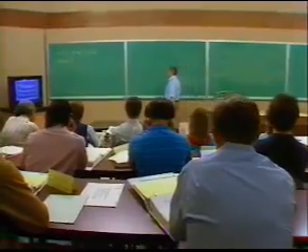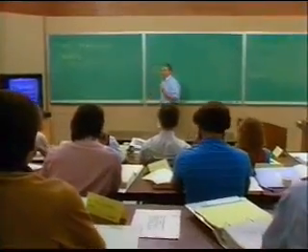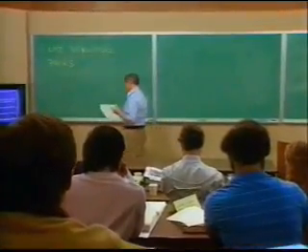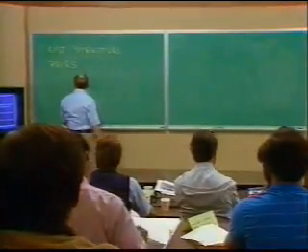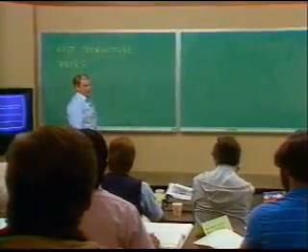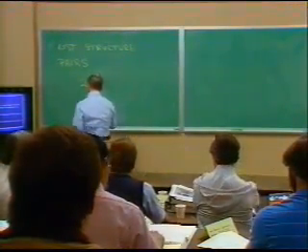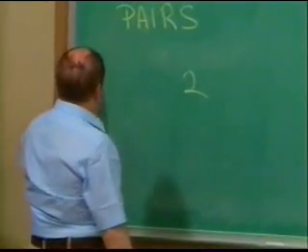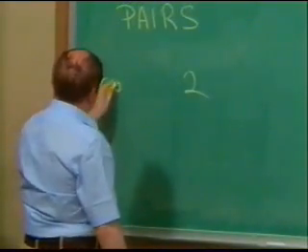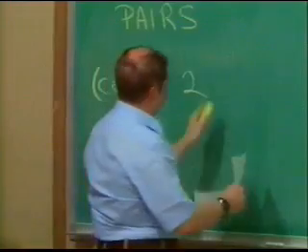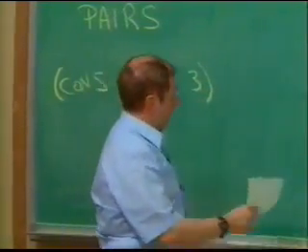There's also a conventional way of drawing pictures of these things, just as we write down the conventional way of writing Plato's idea of 2. The way we could draw a diagram to represent cons of 2 and 3 is like this.